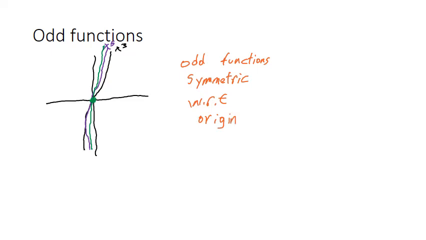So odd functions are going to be symmetric with respect to the origin. So x to the third, x to the fifth, x to the seventh, x to the ninth, etc. Notice that all of these have odd powers, that they're all going to be odd, and they're all symmetric with respect to the origin.